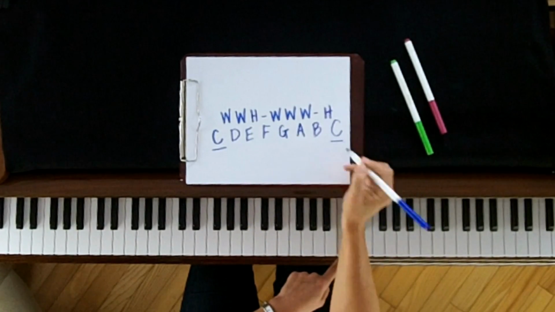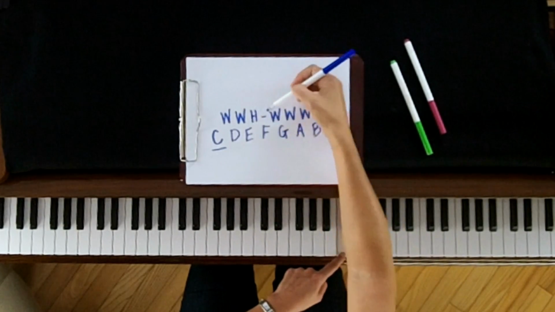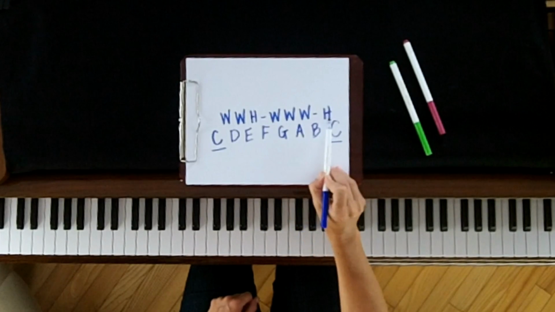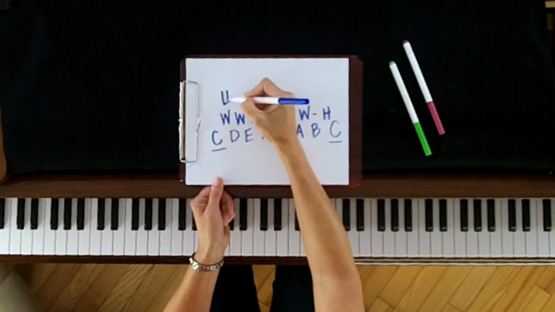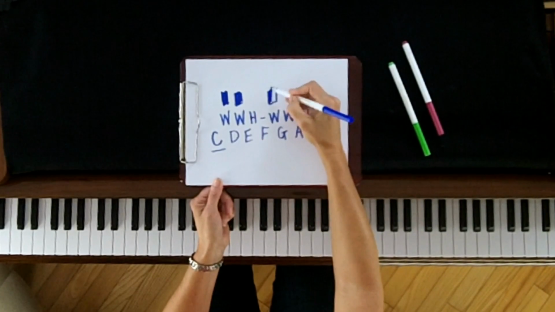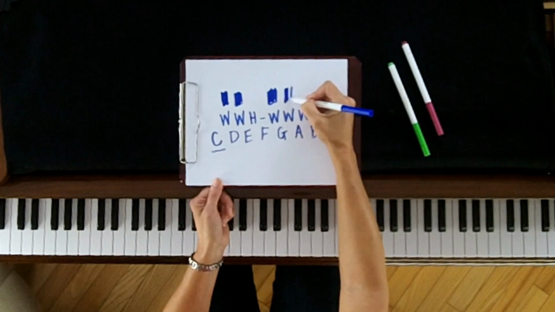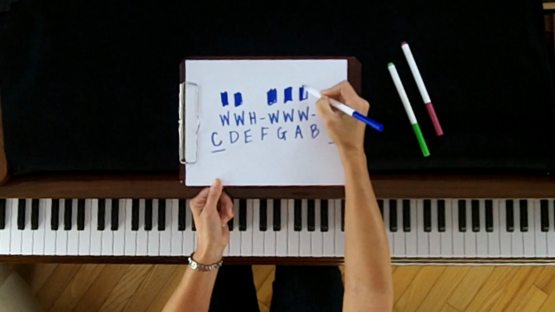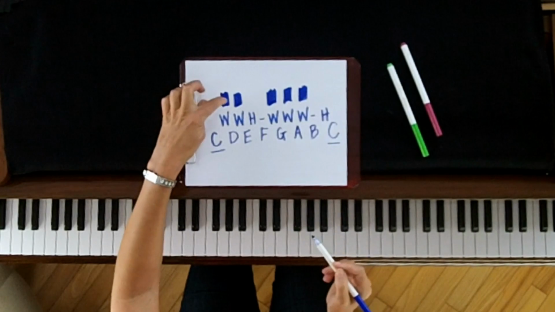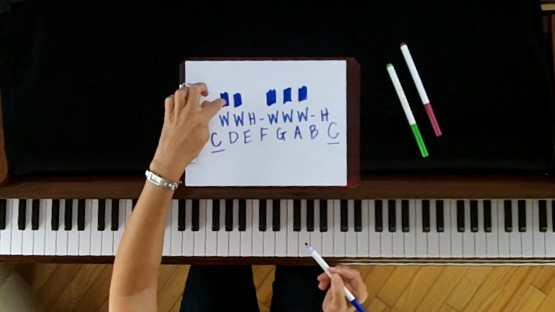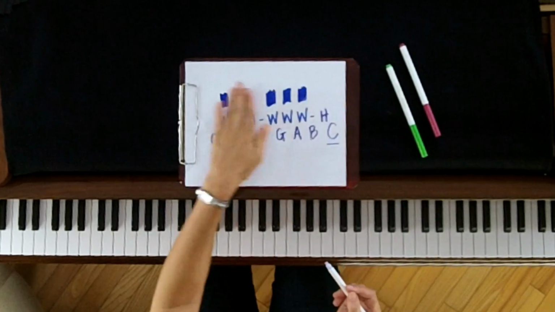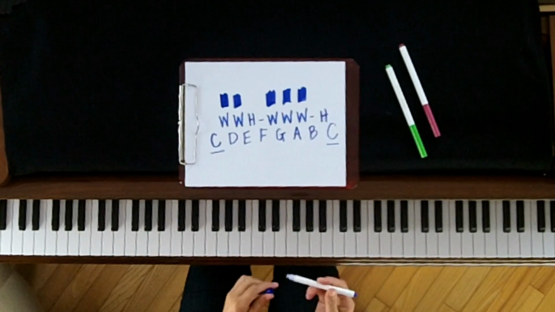We began on C and we ended on C, and we used the pattern of whole step, half step, whole step, whole step, whole step, half step. And you can easily see that this pattern is echoed in the layout of the black keys on the piano. So by starting on C, we easily will just play whole step, half step, whole step, whole step, whole step, half step, just because of the layout of the piano keys.